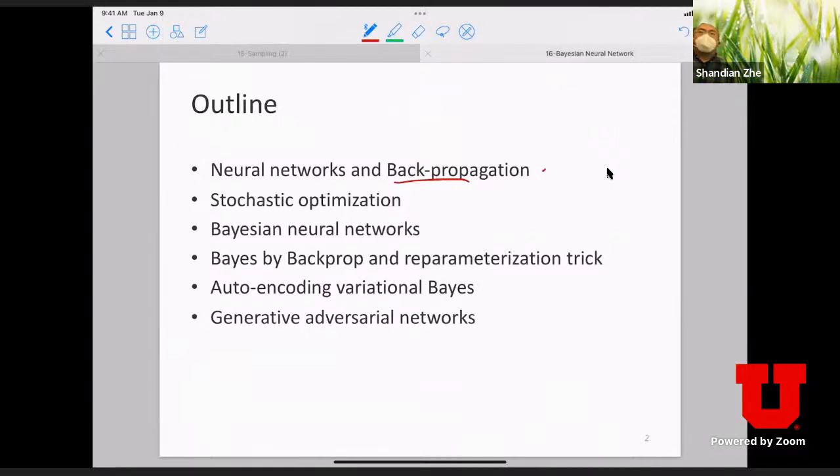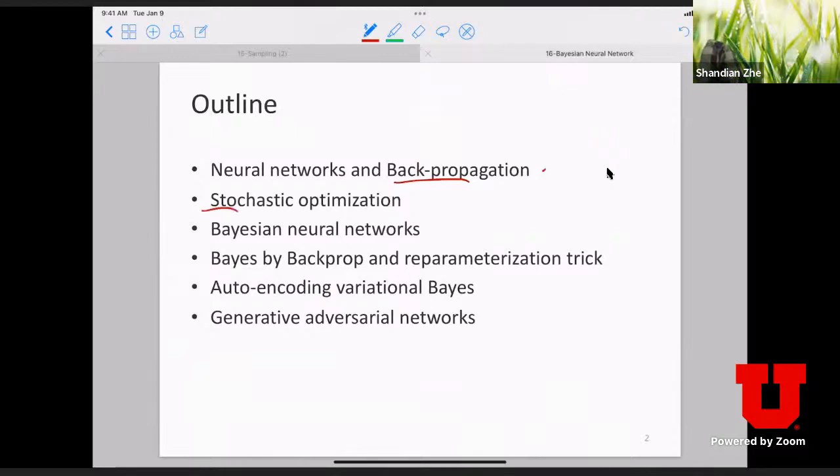And nowadays you don't need to implement backpropagation yourself. It can be done very efficiently by mature automatic differentiation libraries like PyTorch and TensorFlow that do all those jobs for you. You don't need to worry about that. You just need to know the idea.